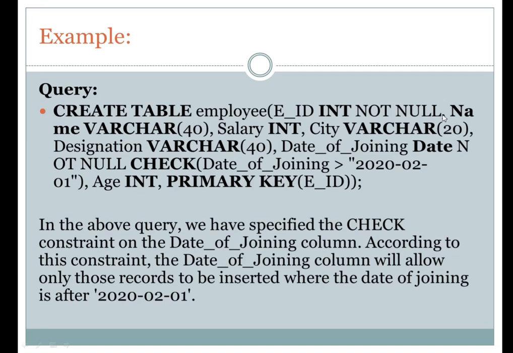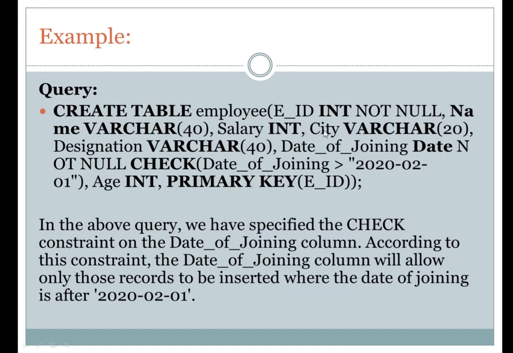In a particular table, the attributes are separated with the help of commas. Then the second attribute is name, which is varchar with size 40. Then comma, salary, third attribute, with data type integer.